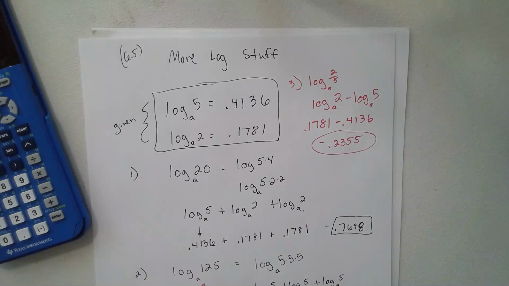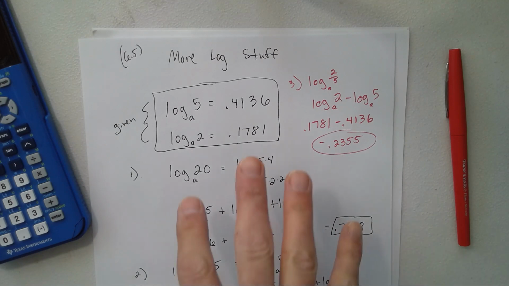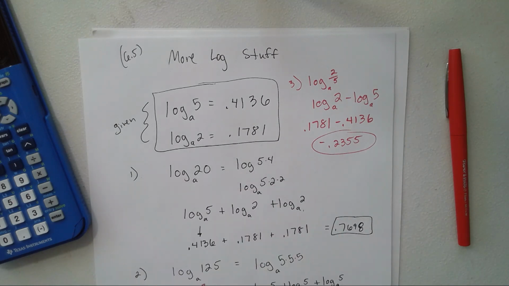Alright, so hopefully that helps you. We used all of the properties except for the change of base within these problems, so I'm not going to give you separate problems to try right now by expanding or condensing. Questions on any of this stuff?